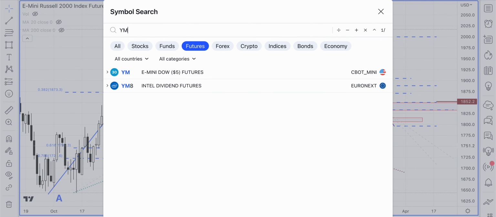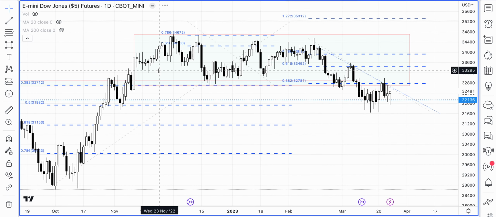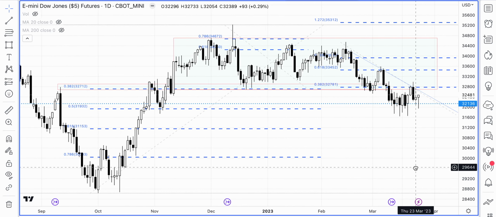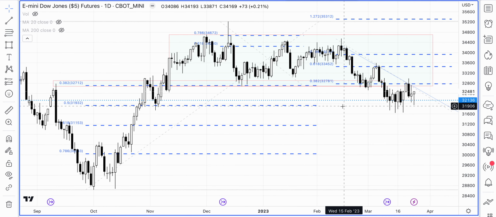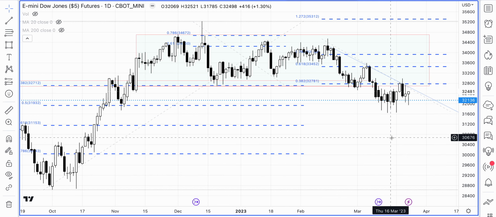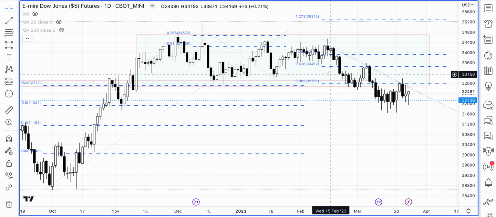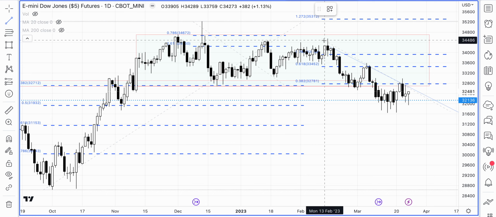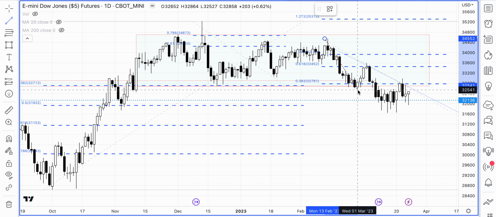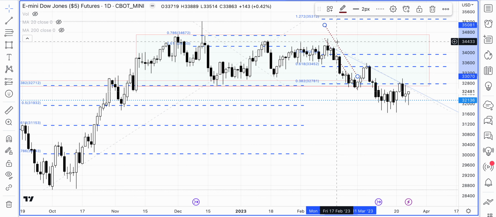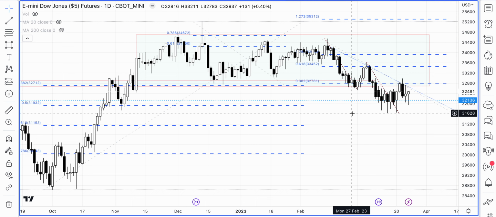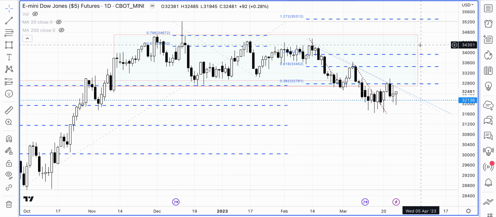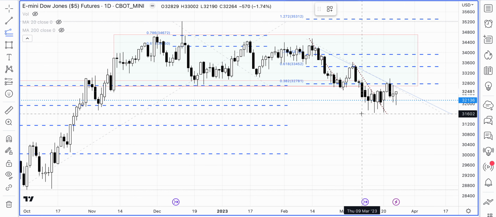Okay, and let's take a look at YM. All right, guys, so in the YM, again here it just keeps on finding support from this 50% level, and here I believe it had done some sort of ABCD pattern. Let's double check. Yep, so it has completed this ABCD pattern, and looks like maybe it might be doing an ABCD pattern to the upside.